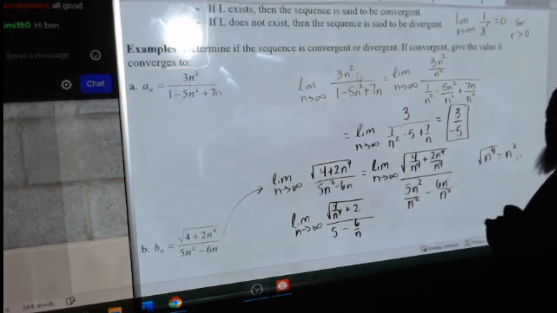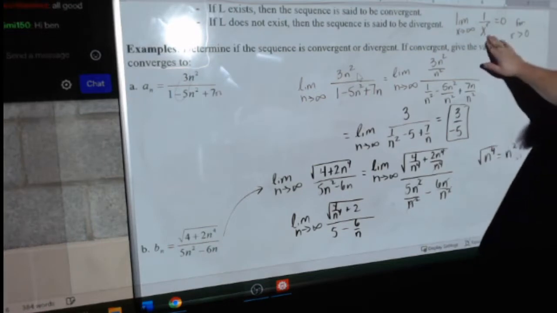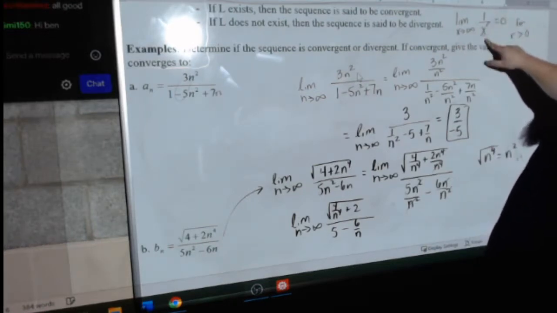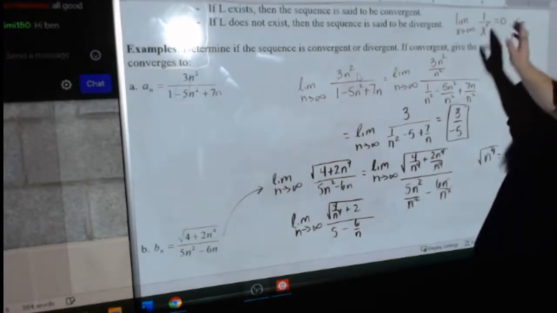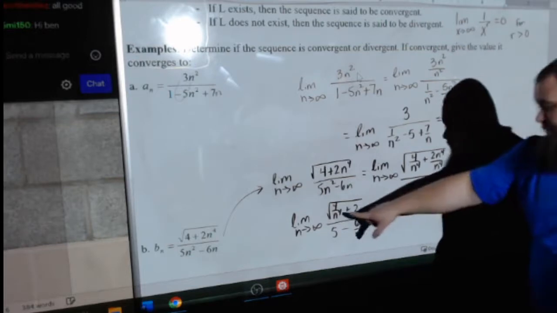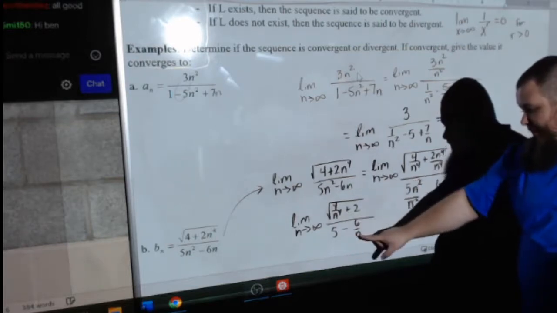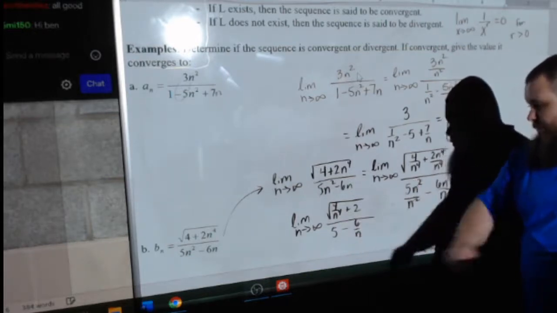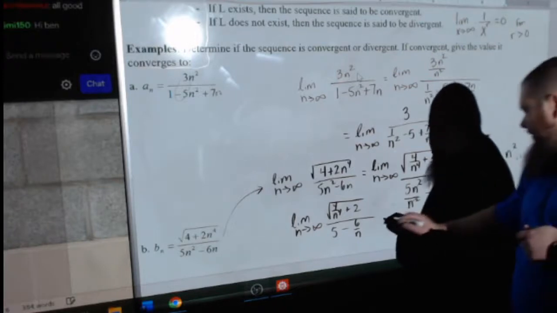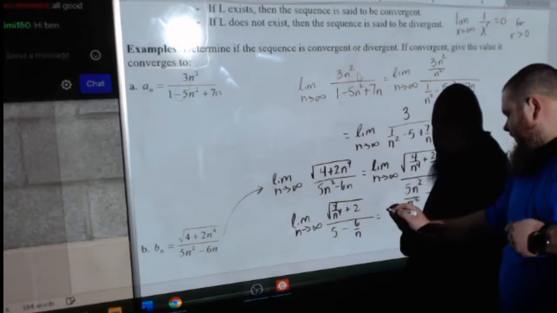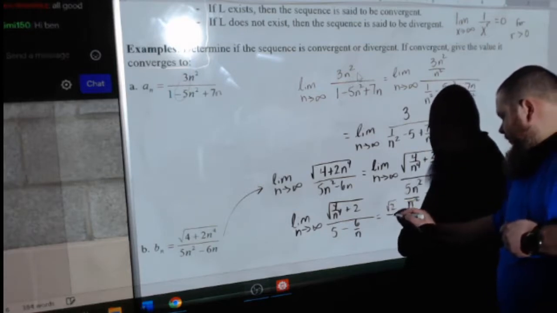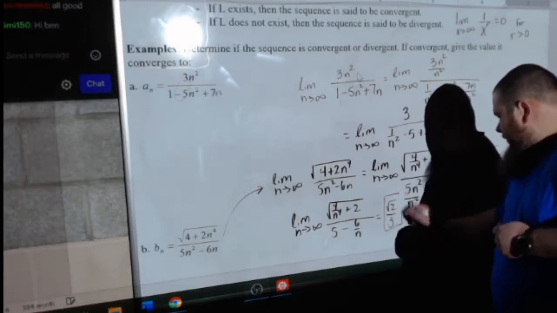So again, I use the fact that if n is going to infinity, 1 over n to any positive power must go to 0. Therefore, this term and this term go to 0. Left behind is a constant that has no bearing on the limit, and so I have the square root of 2 over 5.